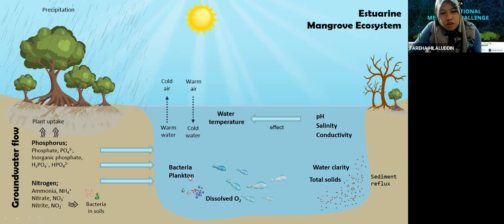So the water in a mangrove riverine normally flushes from upstream, brings a lot of nutrients, effluents, and also brings pollutions to the coastal area.